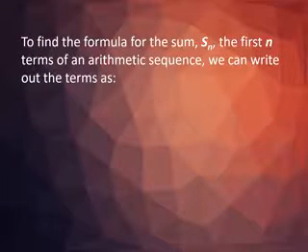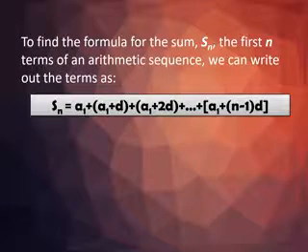To find the formula for the sum S sub n of the first n terms of an arithmetic sequence, we can write out the terms as S sub n is equal to a sub 1, which is the first term, plus a sub 1 plus d, which is the second term, plus a sub 1 plus 2d, which is the third term, and so on until the last term.